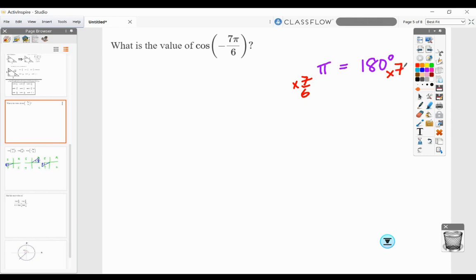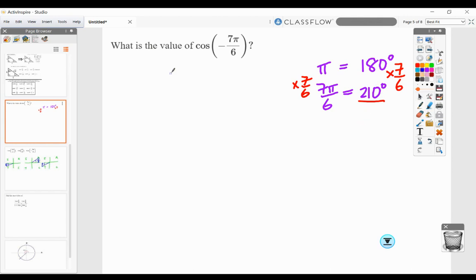So I'm going to times both sides by 7 over 6. And then we should see that 7 pi over 6 radians is equivalent to 210 degrees because 180 divided by 6 is 30, and 30 times 7 is, of course, 210.